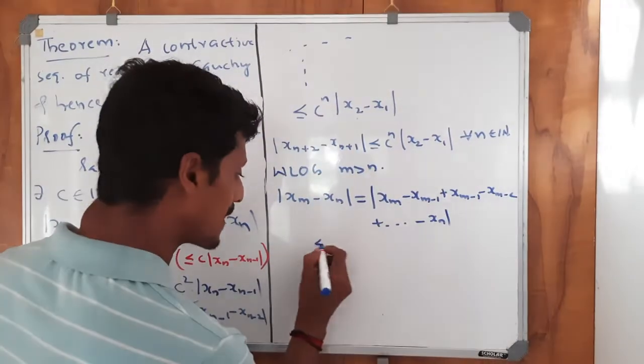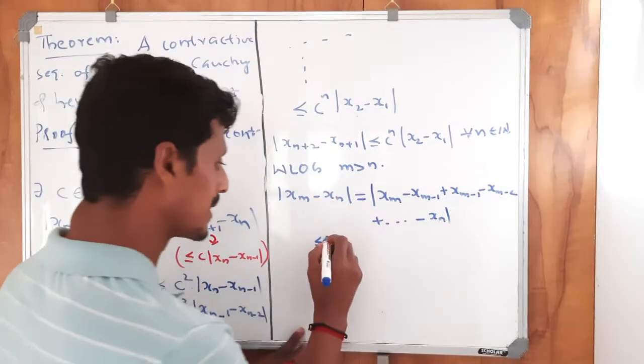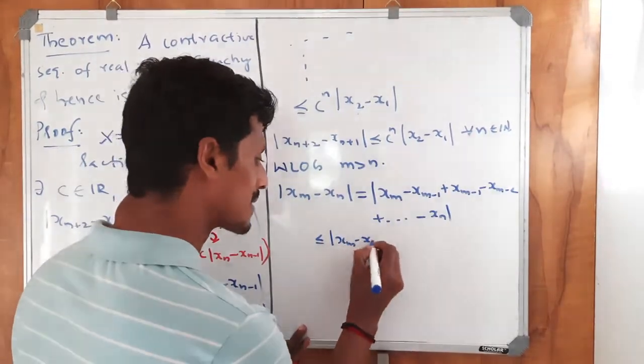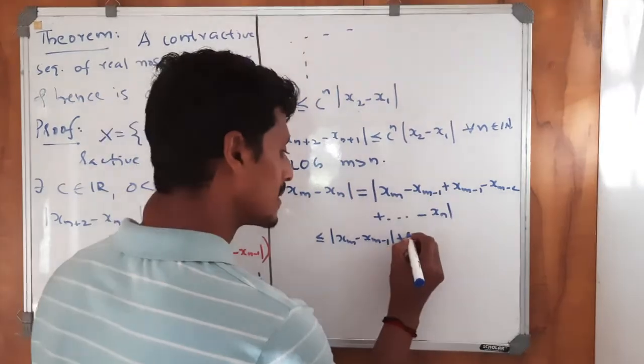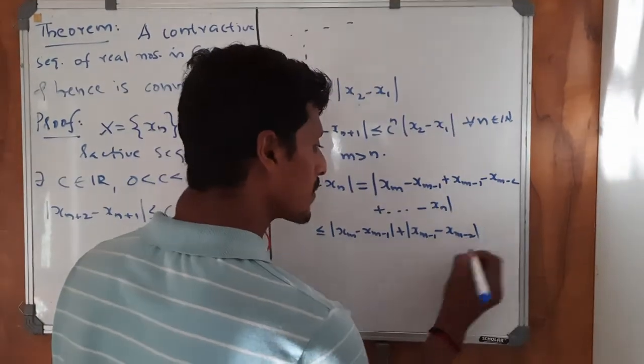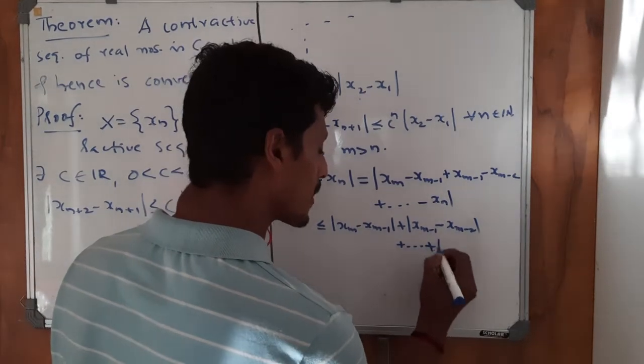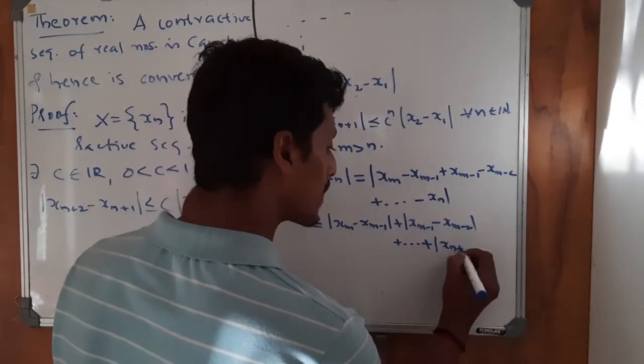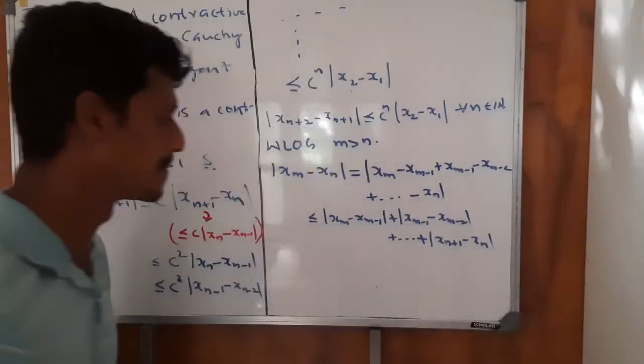So this is less than or equal to, by triangle inequality, |xm - xm-1| + |xm-1 - xm-2| + etc. + |xn+1 - xn|.